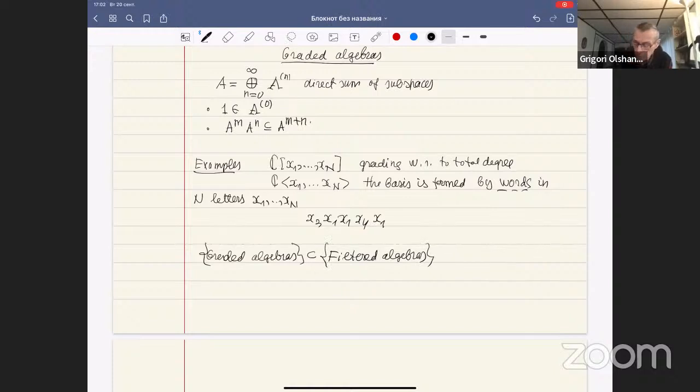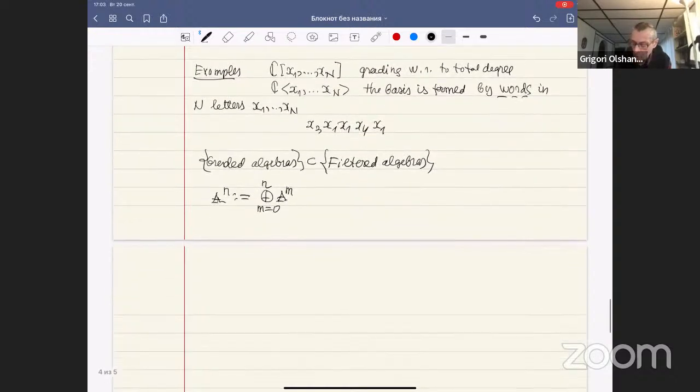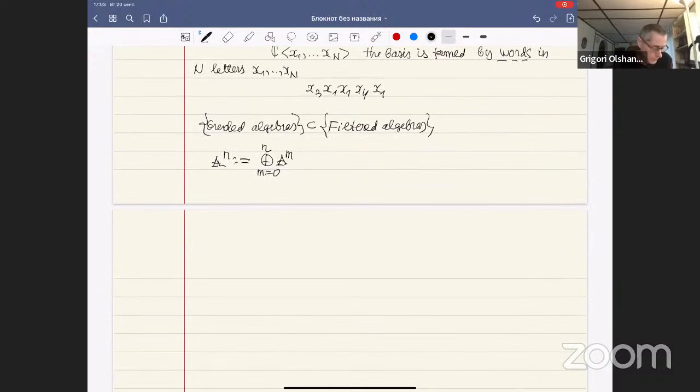This is trivial because if you have a graded algebra, then we proclaim that the corresponding filtration is the sum of the homogeneous components from 0 to n.